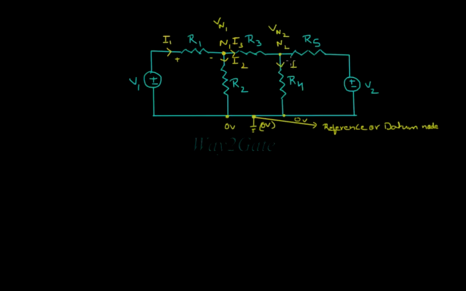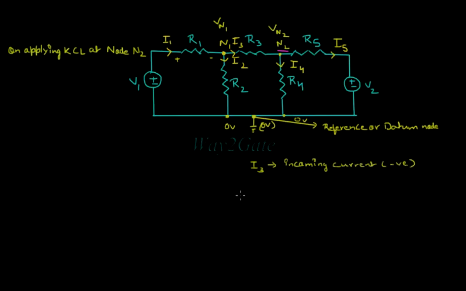On considering the currents for the second half of the circuit, that is currents I4 and I5 as shown, on applying KCL at node N2, we have I3 as incoming current, taken as negative, and also I4 and I5 as outgoing currents, which are taken positive.